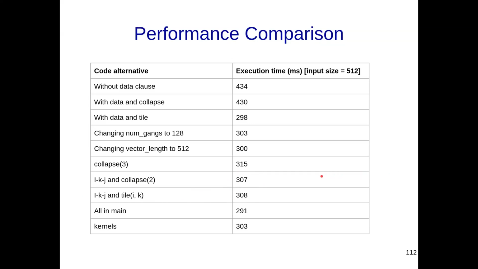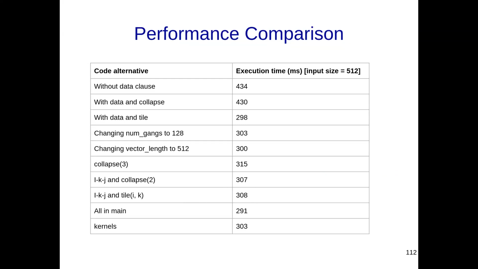Sure. Yeah. So another thing which I did is that instead of putting all of this into different functions, which require, well, there is just a function call, is it possible that I can have all of these inside main? And when you put it inside main, there is some advantage that you can have. For example, the initialization of A, B, C you can do in the same loop.